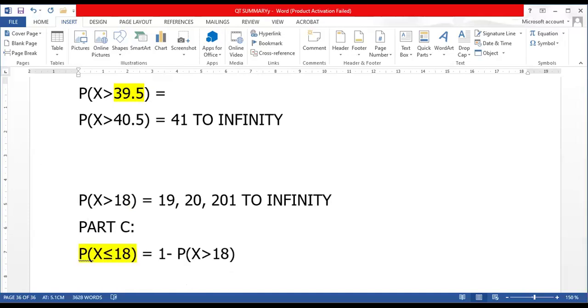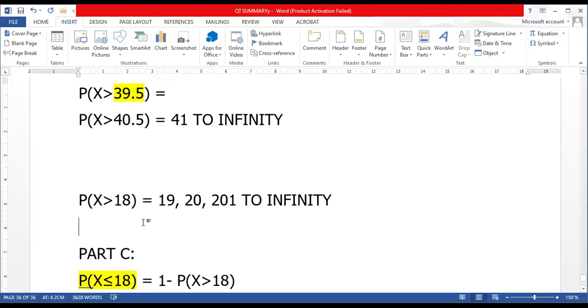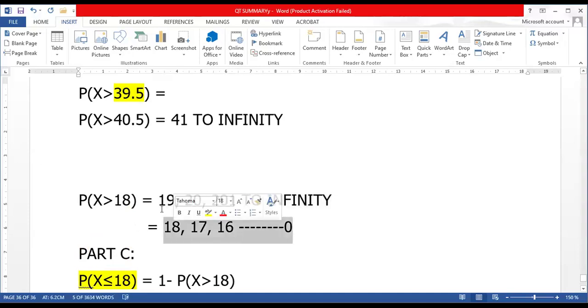So you want to start from 18 going down: 18, 17, 16, up to 0. Can't you reason and know that already I have this? How can I get this? I know that the total probability is equal to 1.